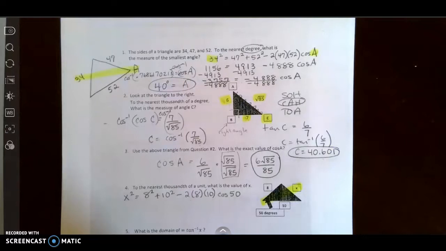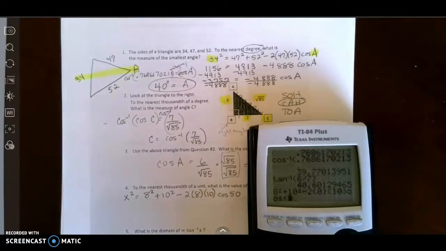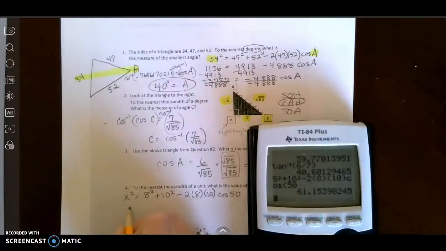Well, this is the kind that's much easier to do because there's no variable here, so I can type all of that into my calculator, which is what I'm going to do. 8 squared plus 10 squared minus 2 times 8 times 10 times the cosine of 50. So I get x squared equals 61.15398245.